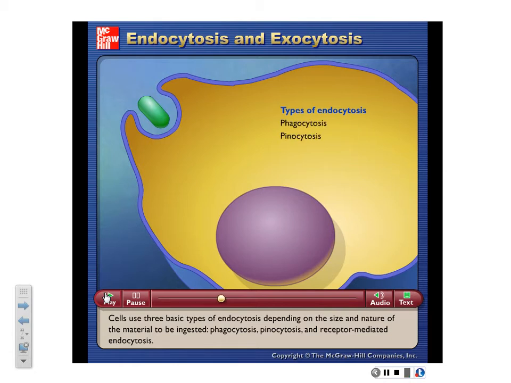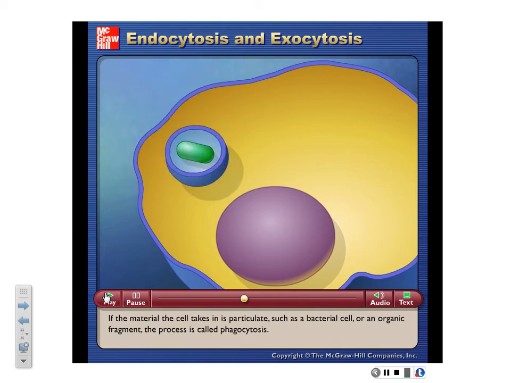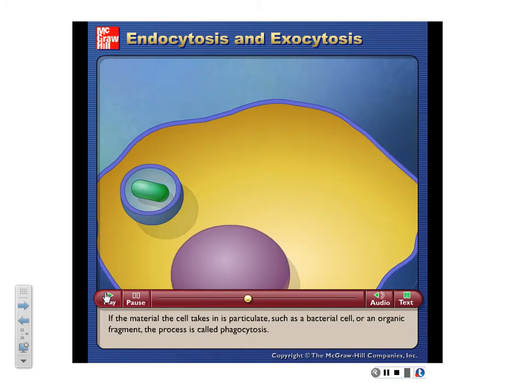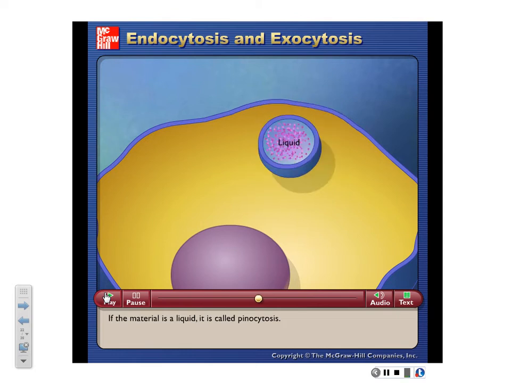pinocytosis, and receptor-mediated endocytosis. If the material the cell takes in is particulate, such as a bacterial cell or an organic fragment, the process is called phagocytosis. If the material is a liquid, it is called pinocytosis.